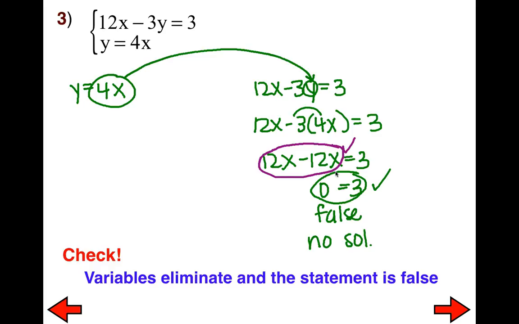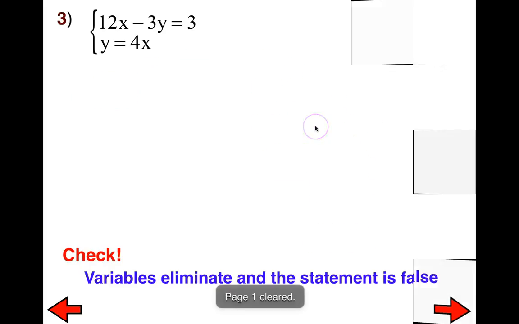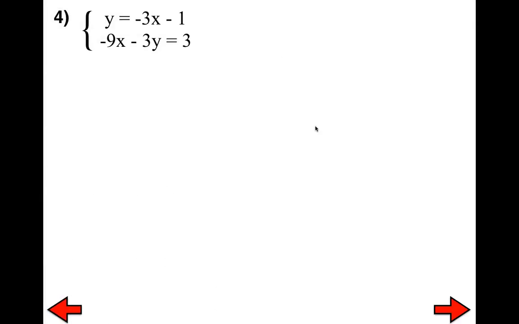So notice not both of them have to, especially with substitution, you're only going to see it once. With elimination, you should see it happen to both variables. So just keep that in mind. Okay. So now I want you to go ahead and pause the video and try number 4 on your own.